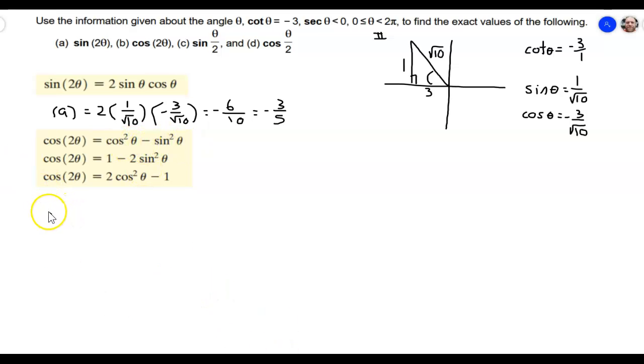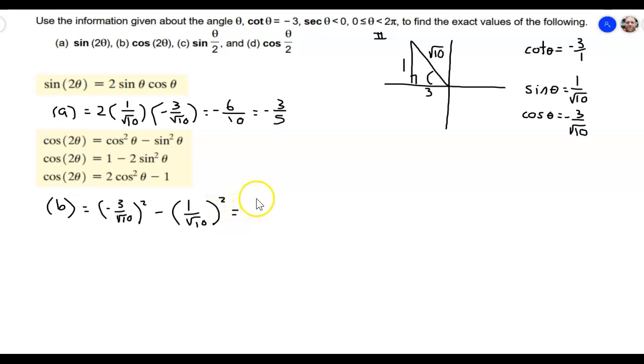Give myself a little bit more space here. So just plugging it in there. So B is going to equal cosine squared. Cosine is negative 3 over root 10, so negative 3 over root 10, and we're going to square that, minus the sine, which is 1 over root 10, and we're going to square that.